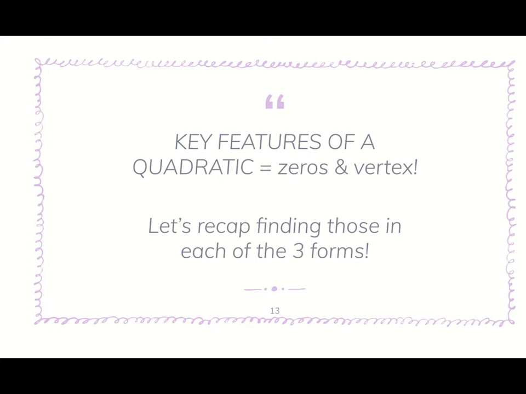So we want to be able to do this in any form. Some are easier than others, but we want to be able to go through the process of finding these no matter what form you're given, whether you're given factored form or vertex form or standard form. So let's recap finding those things in each of the three forms.